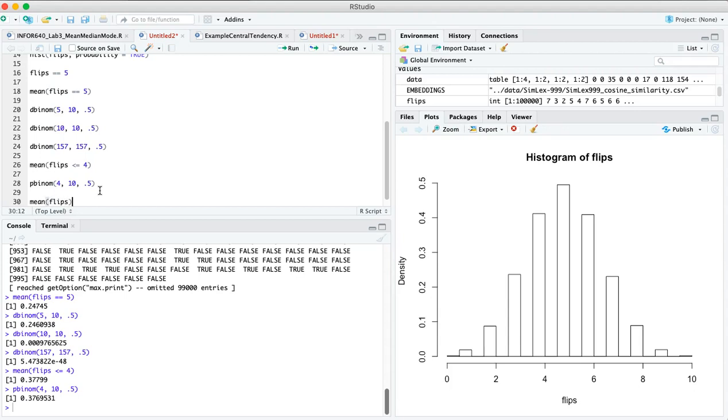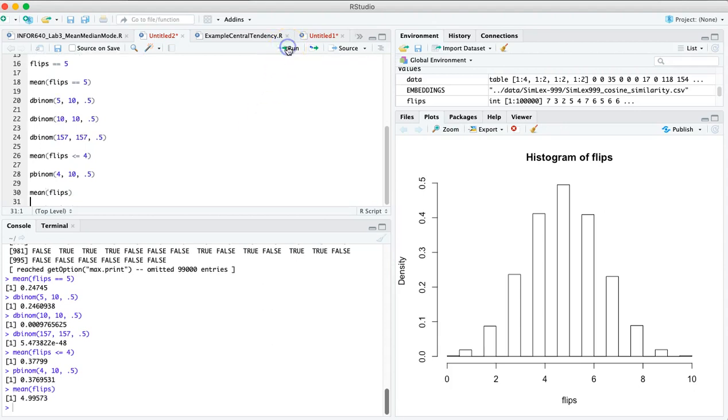And again, the reason that this works is because true is valued as a 1 and false is valued as a 0. So we'll go ahead and run that. And the mean of our flips is just slightly under 5, which is really close to what we would expect, right? Like we would expect the mean of our flips to be 5.